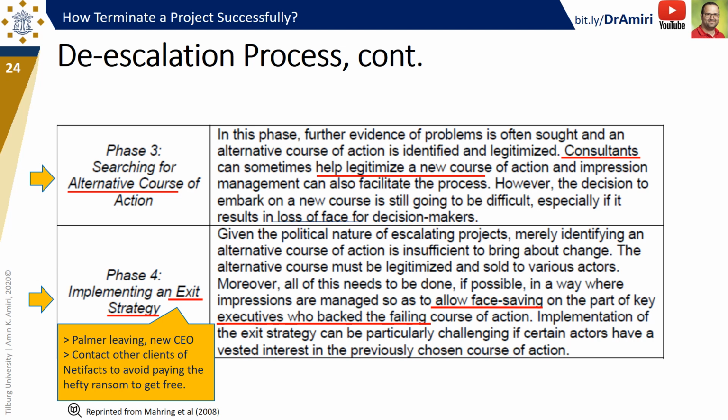And even if NetEffects tries to ask for a hefty ransom to set IBK free of the contract, Barton can threaten them that he will contact other clients of NetEffects who are probably going through, or were going through, the same experience, to avoid paying the ransom. So phase four is fine, but regarding phase three, it was not done in a good manner.